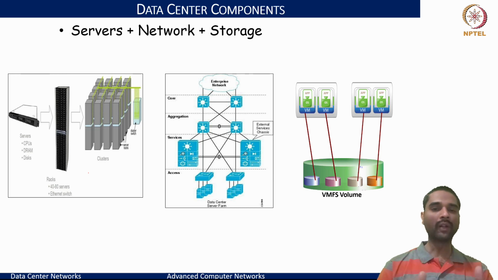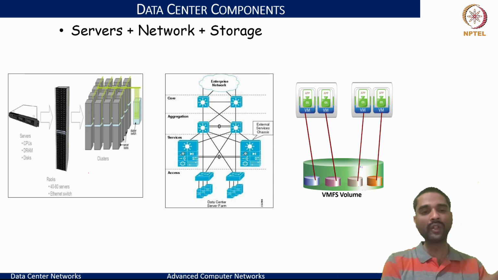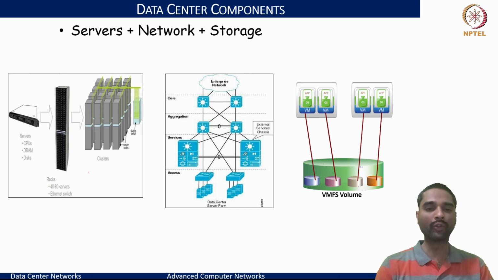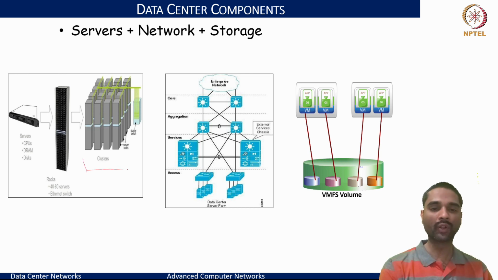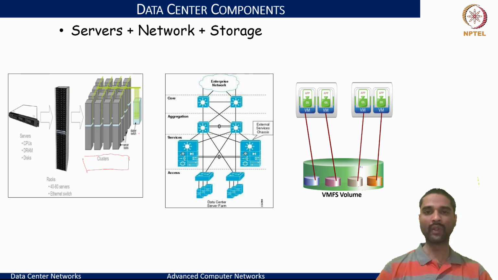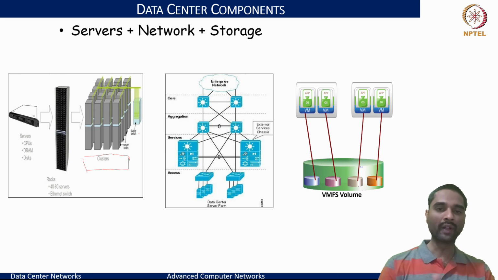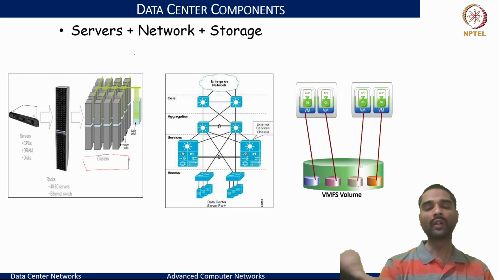A typical enterprise network would also have lots of these racks placed, and all of these rack servers will be interconnected, and that's what we see as a cluster of interconnected racks. These clustered racks also need to be connected.